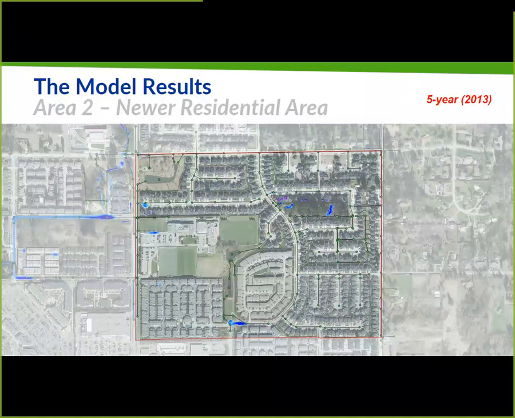Okay. Area 2, built to current standards, is a completely different story. So here you can see the 5-year results. This is their current design storm, and the expectation at least is that infrastructure built in this neighborhood should perform quite well during the design storm.